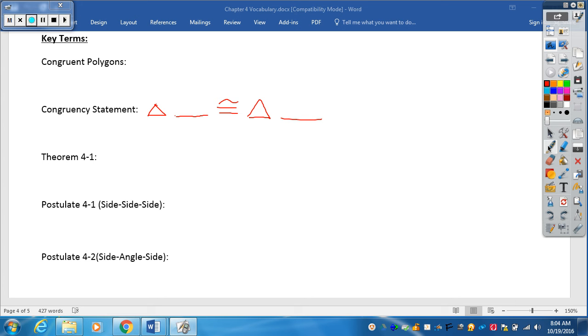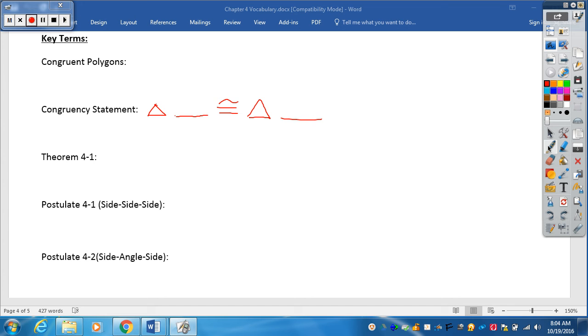The first thing, if you remember, is congruent corresponding sides. So you can go ahead and jot that down there. Congruent corresponding sides is one, and the other would be congruent corresponding angles. And so if I get going too fast here, of course you can pause or stop the video and go back and listen to it again. But again, congruent corresponding sides and angles are the characteristics of all congruent polygons.